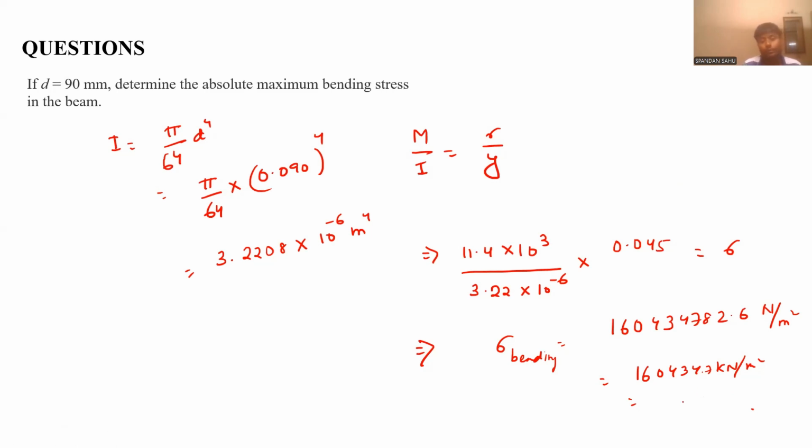Okay. Is this clear to everyone? So sigma bending, that is the maximum bending stress, will come to be 160 MPa. Is this clear?